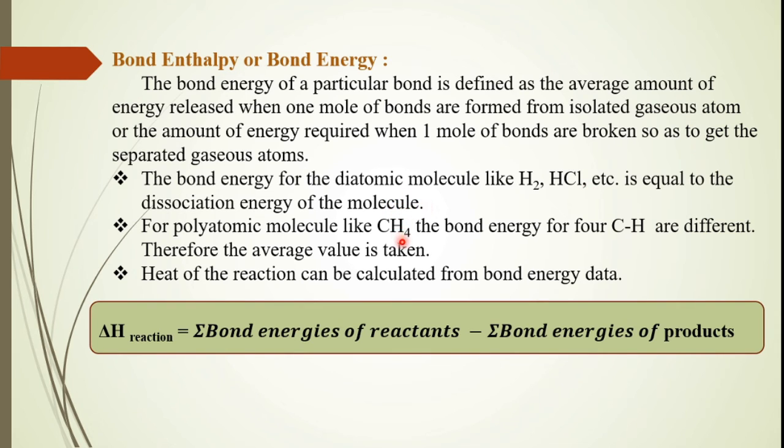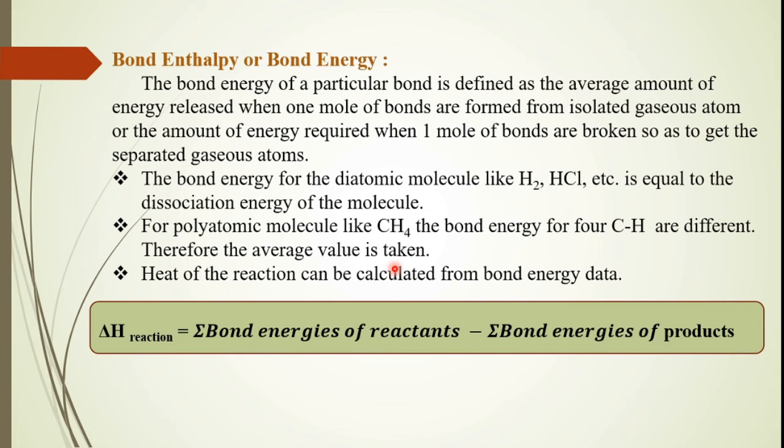Now for the polyatomic molecules such as CH4. In the methane molecule, there are 4 C-H bonds. Even though all the bonds present in that molecule are equivalent, the bond energies for the 4 C-H bonds are different. Therefore, the average value is taken.